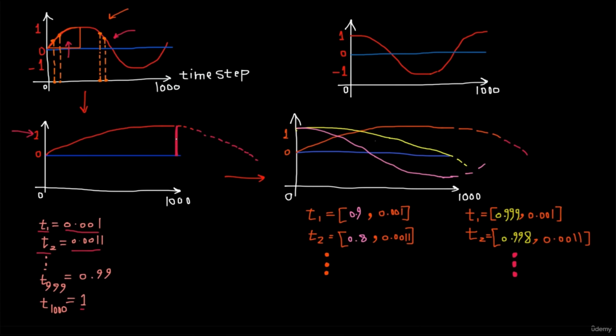As you can see here, 1000 will be equal to 1 on y-axis, like this. Now we have a unique value for each time step.